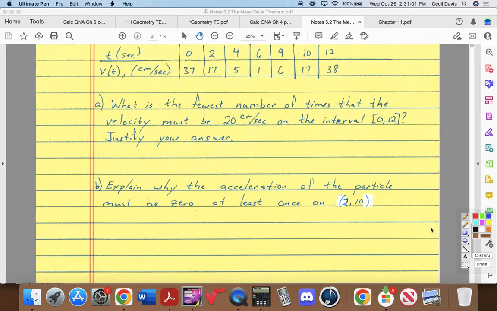Okay, so since v is differentiable, it is also continuous.